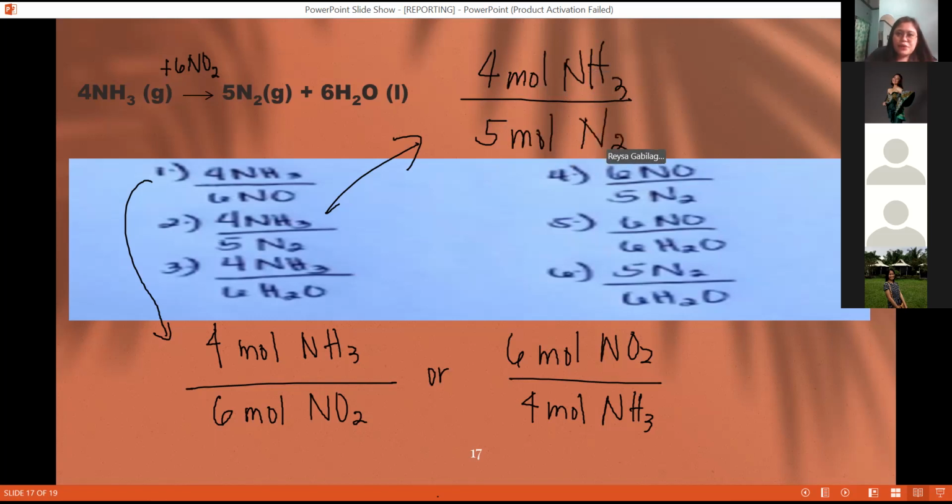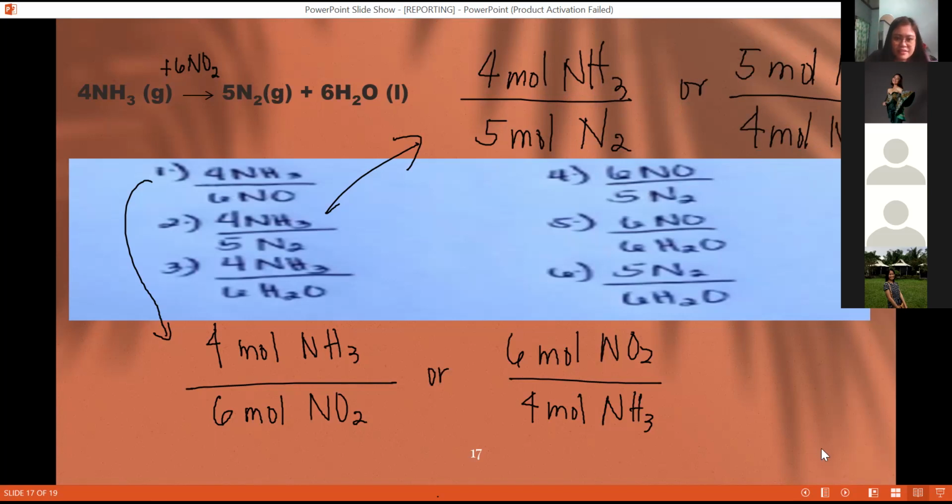Okay? So you can also write, kasi pwede din siyang baliktad, class. This one is a possible mole ratio also. So 5 moles of nitrogen will be produced if you have 4 moles of ammonia. So that's how you write it. Okay?